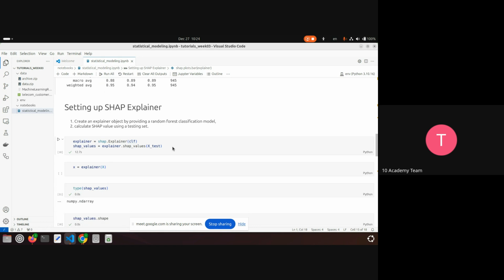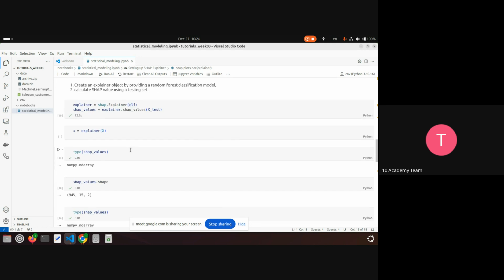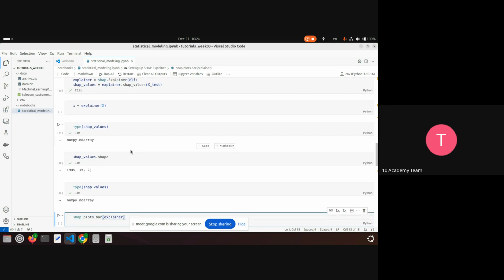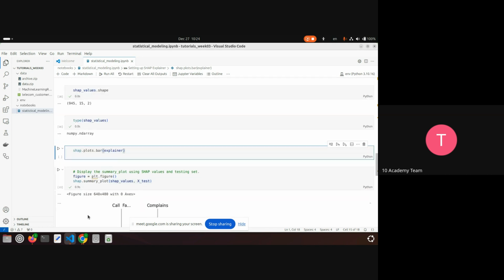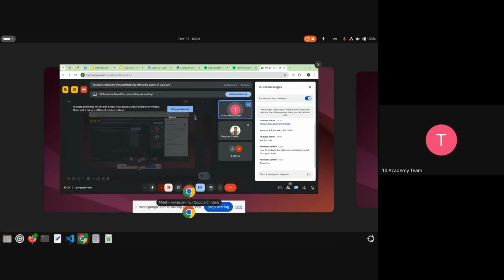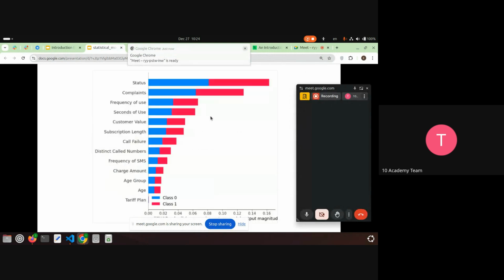To use this, I just need to run the explainer on my model. Let me run it here. Okay, I can see a graph like this one.